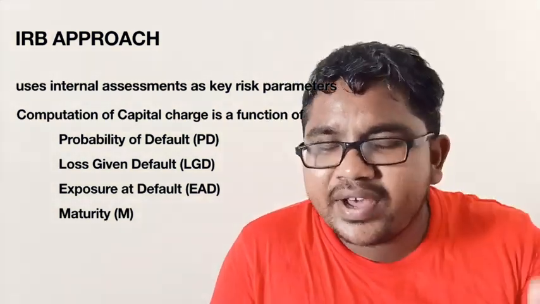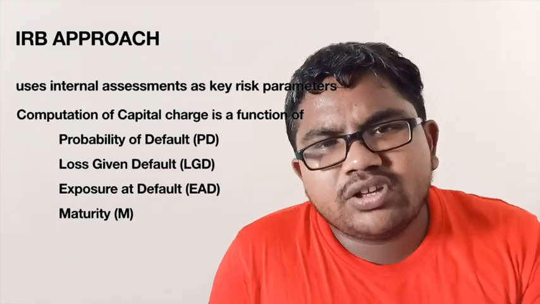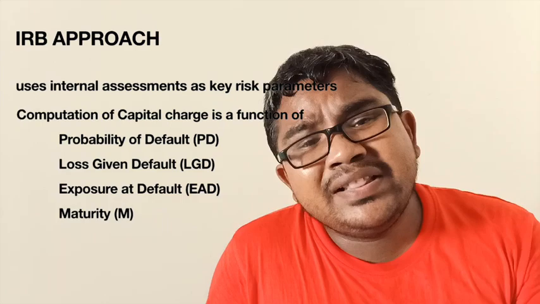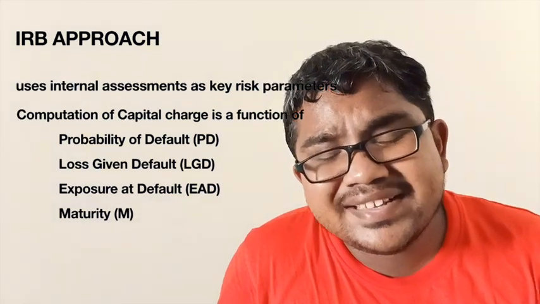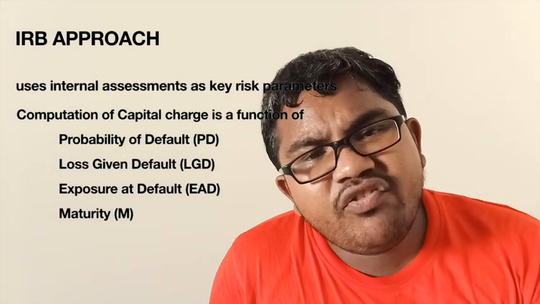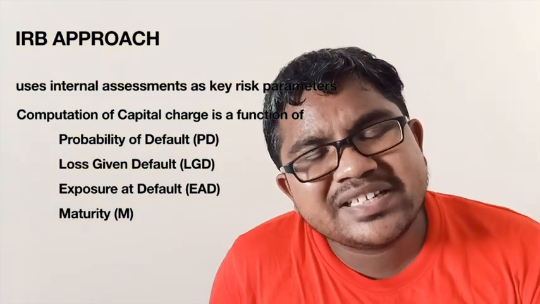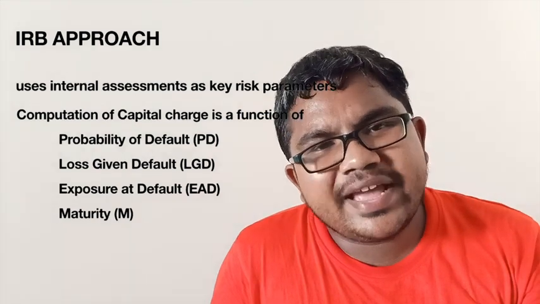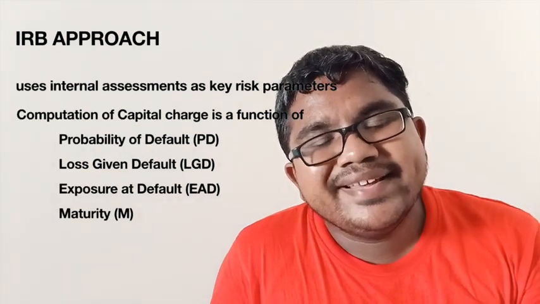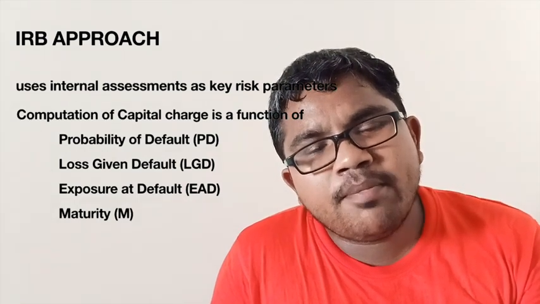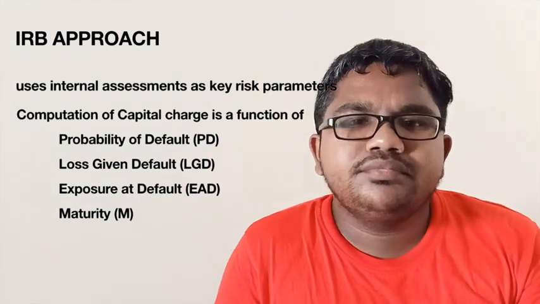Further, we need historical data of that particular borrower. Based on that, we can come to a conclusion whether there is any chance of becoming a defaulter or not. If there is a chance, how much percentage is the chance? So this can be calculated with the historical data. This is about the probability of default.